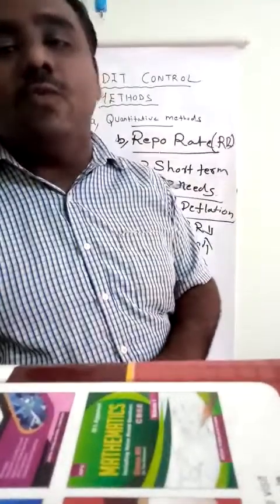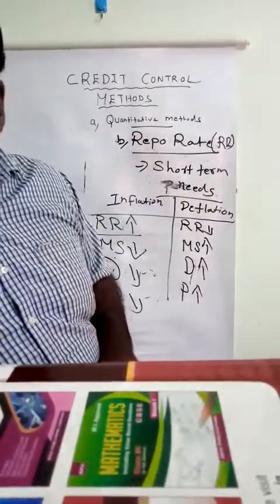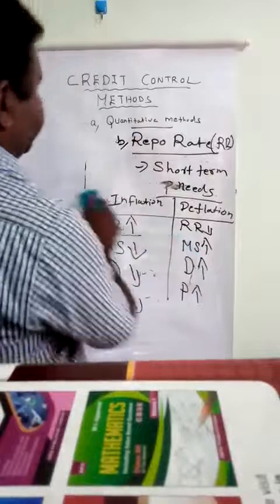Now the third one that we are going to study under the quantitative method is the open market operation.